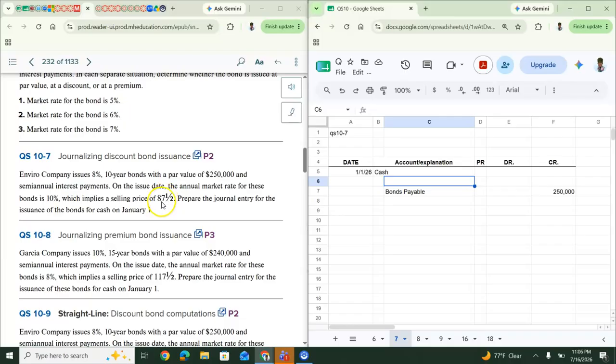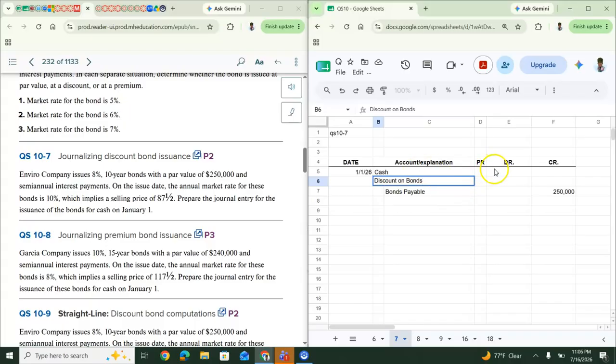So that would be the 12.5% portion, which would be the discount. So the discount is a contra liability account. So I'm going to call this discount on bonds.